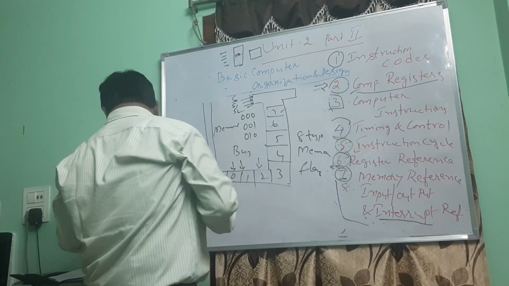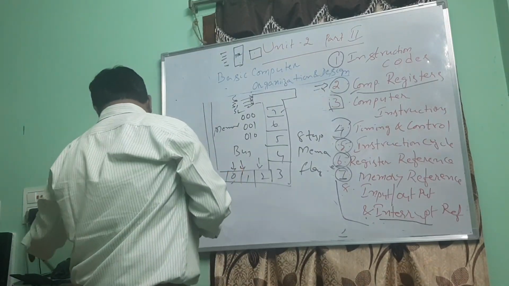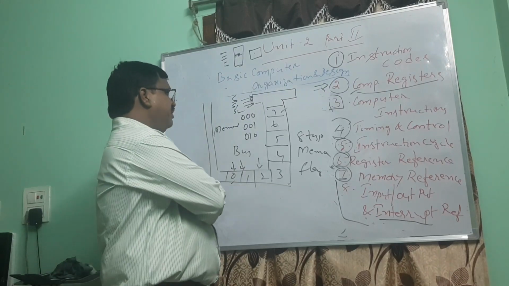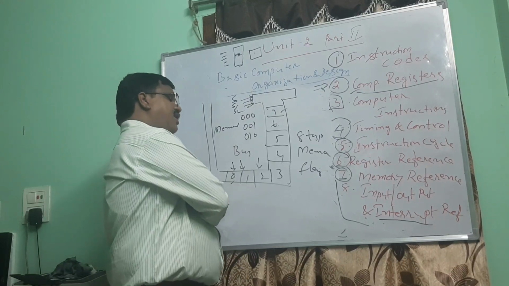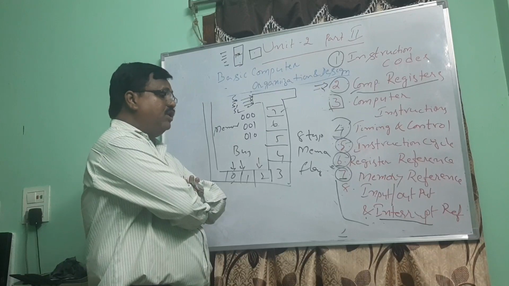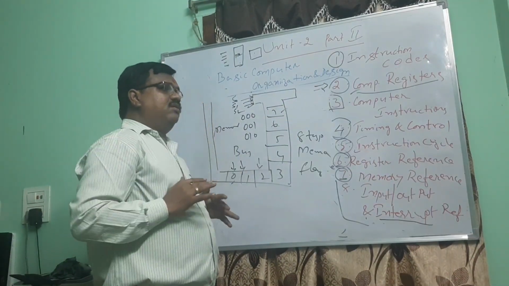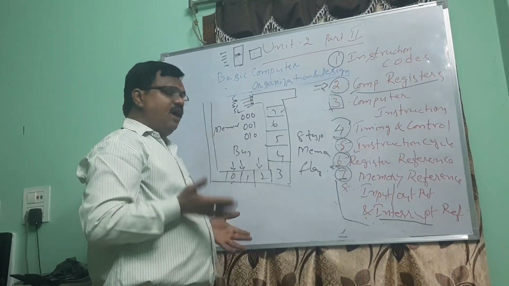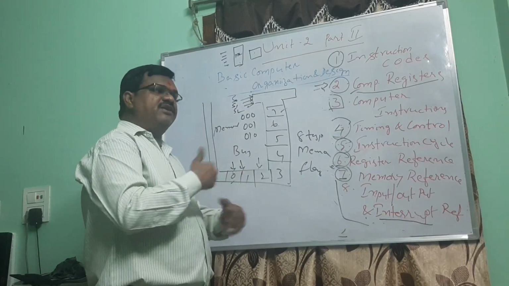So this is a brief overview of the subtopics of your unit 2 part 2, that is basic computer organization and design. After the end of this part 2 in this unit 2, you must be familiar with how a program is entered inside the computer, how it is fetched, how it is decoded and how it is executed.